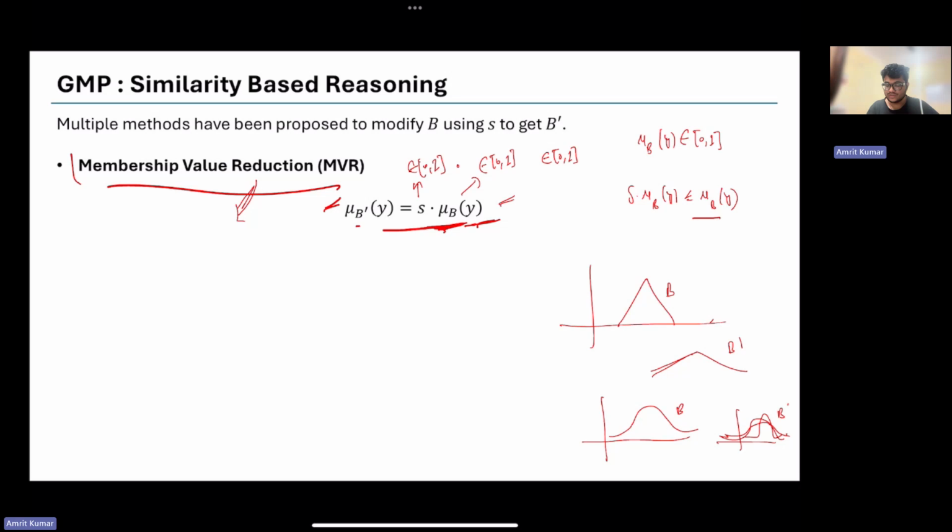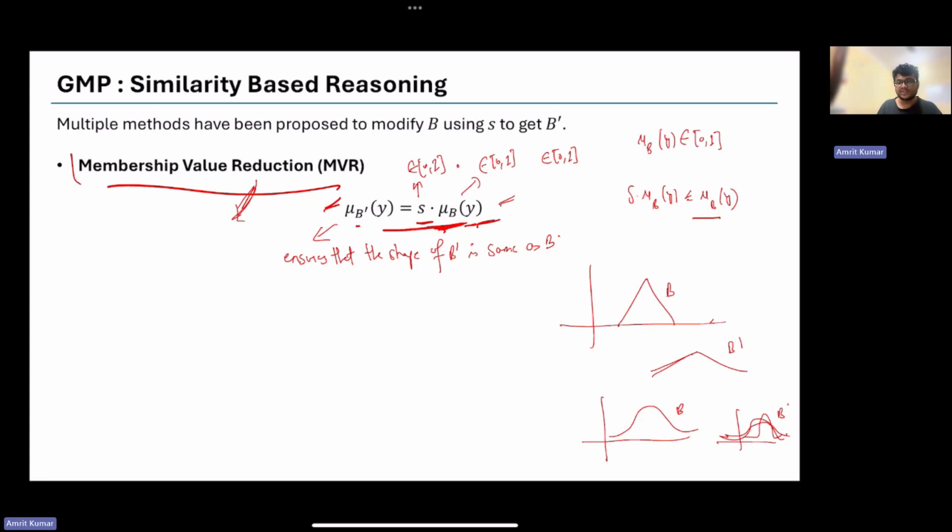MVR. So this particular way of obtaining B dash ensures that the shape of B dash is the same as B. Okay. Now, if you were a bit careful, you would recognize that we are essentially performing the product operation between S and mu B of y in order to get mu B dash of y.